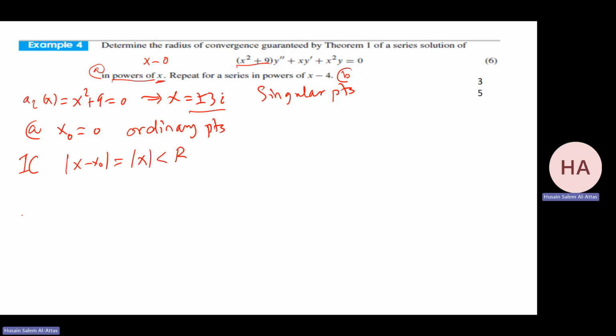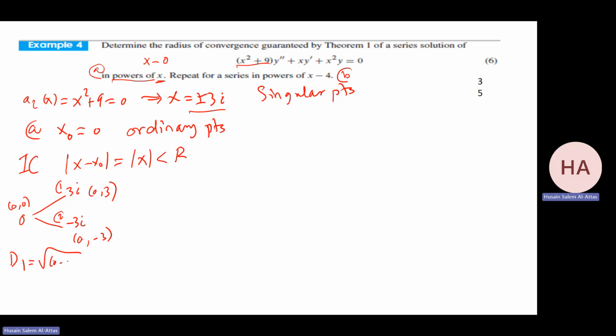How to find R? I have 0. I want the distance to 3i and minus 3i. So this is the point 0, 0, and this is 0, 3, and this is 0, minus 3. So what's the first distance, D1?